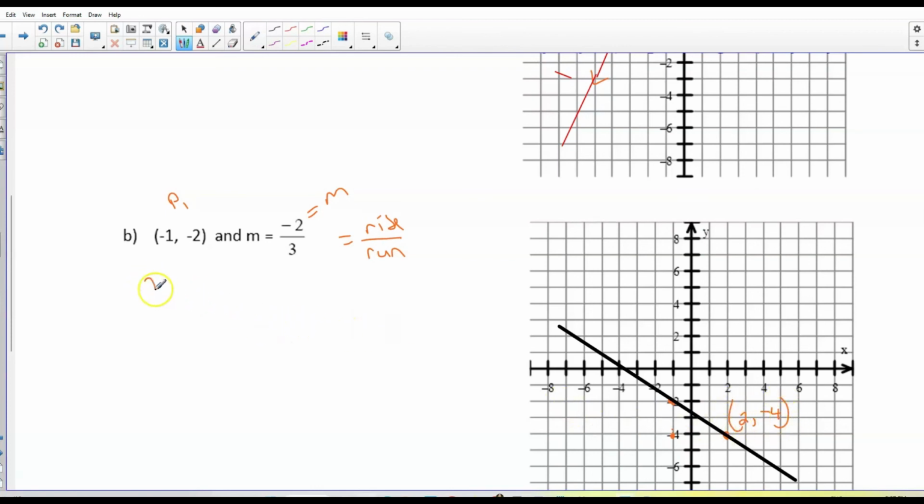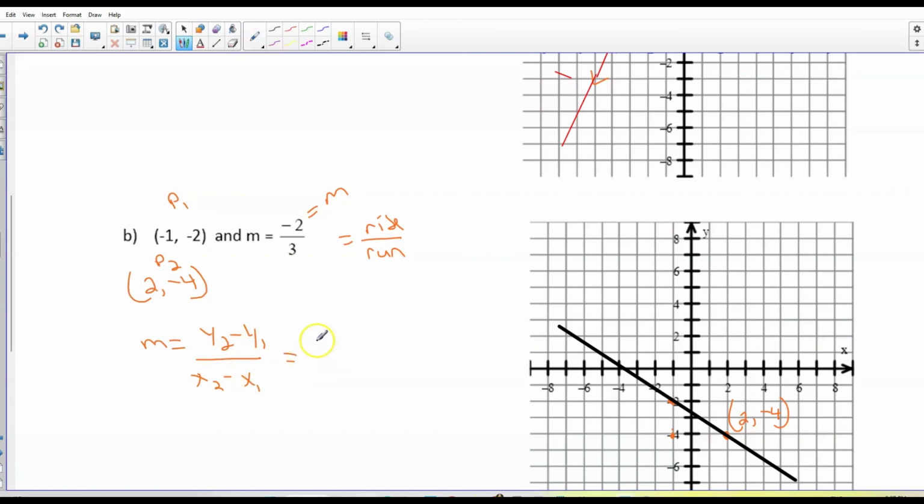So let's verify this. So I got 2, -4, and this is 0, 2. I'm going to use my slope formula, which we know so well now. It is y2 minus y1 over x2 minus x1. We put these things in.